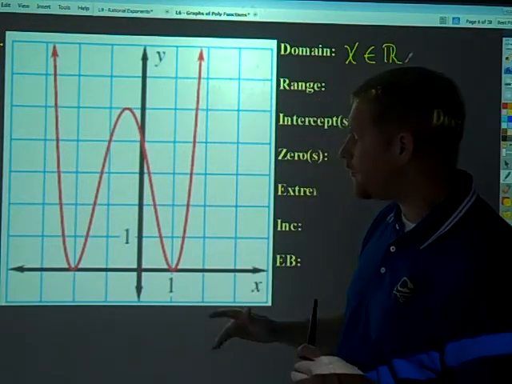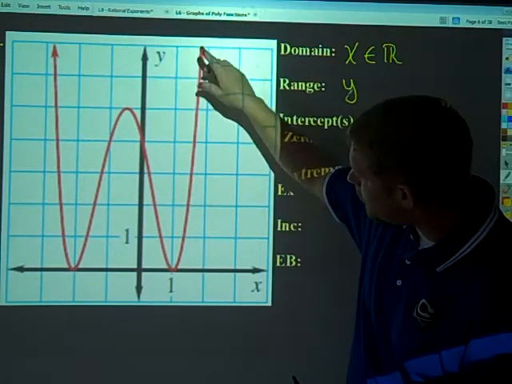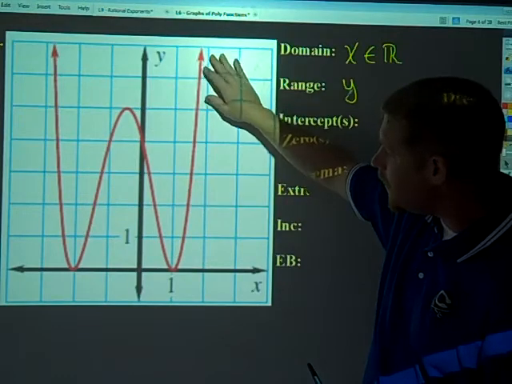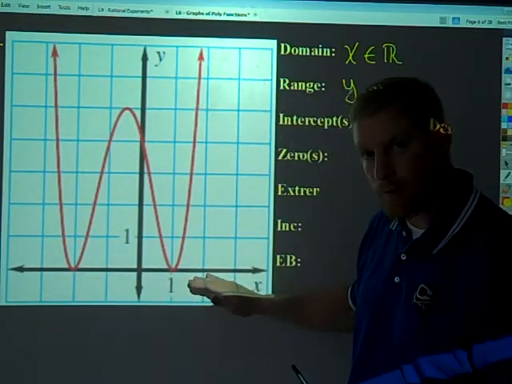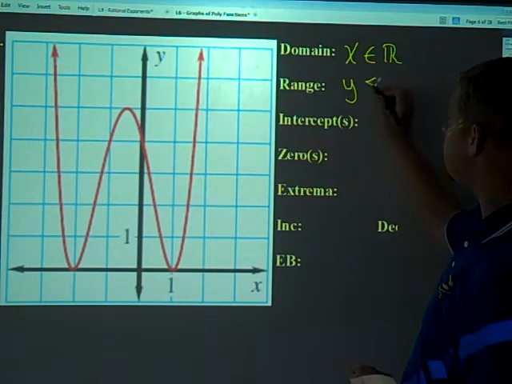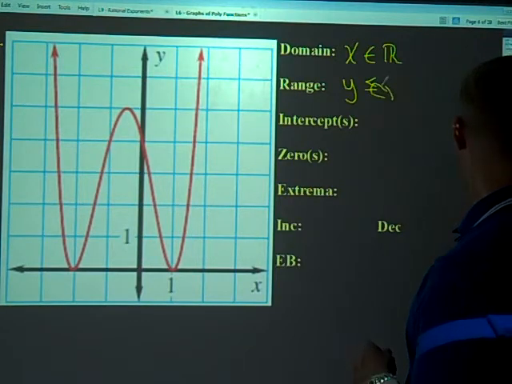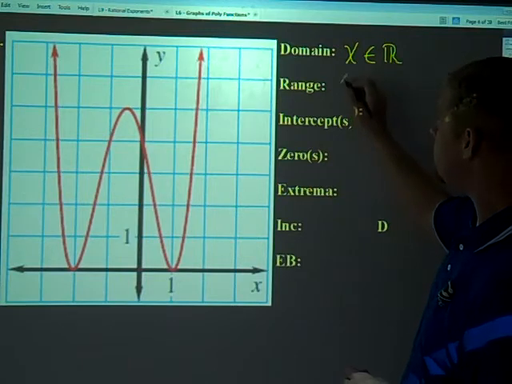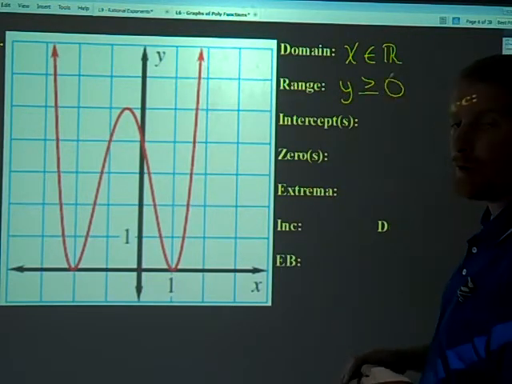Because that will tell you where your range has been limited to. So I look at my function and it goes down and up and down and up. But the lowest that my function can go is when y is 0. So I'm going to say that my range is y is greater than or equal to 0.